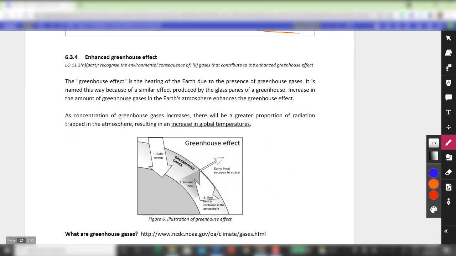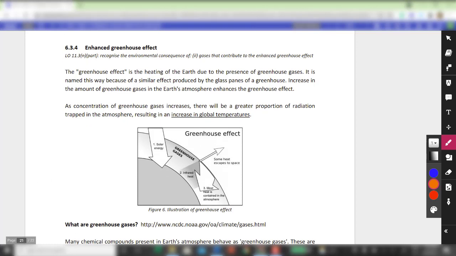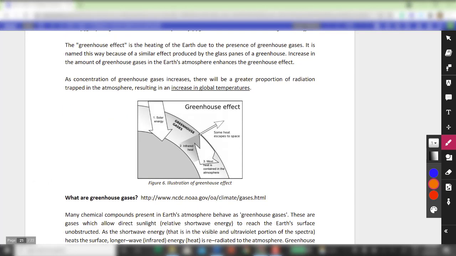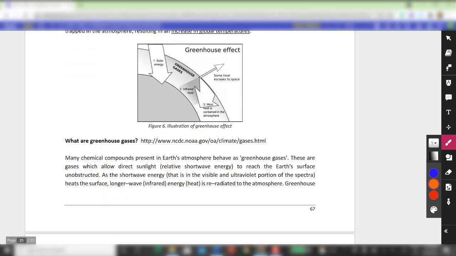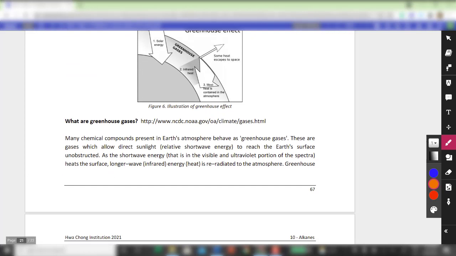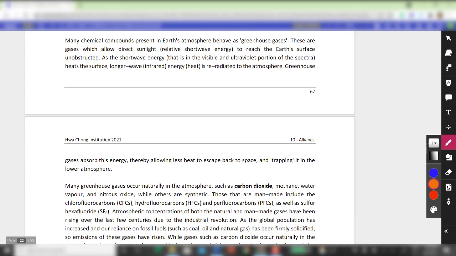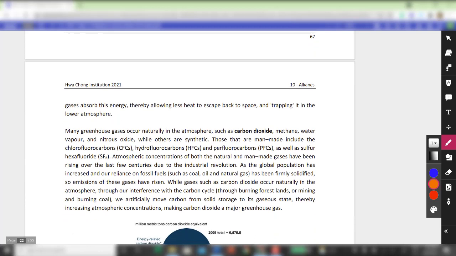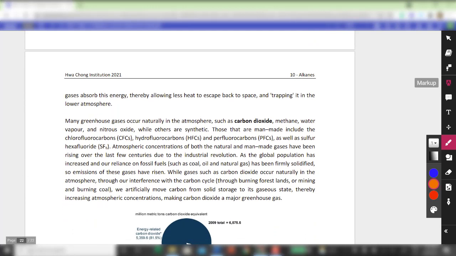So now the next part is on the greenhouse effect. Again, quite a bit of reading for you to do. It's important for you to know the greenhouse gases. So what are the greenhouse gases? Please go and read about them. Most of us know carbon dioxide, but we may not know that methane is a greenhouse gas.